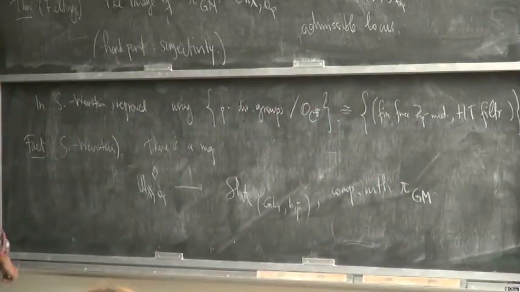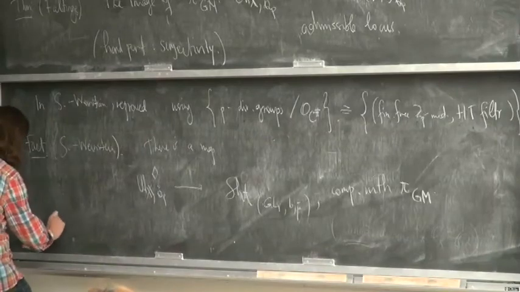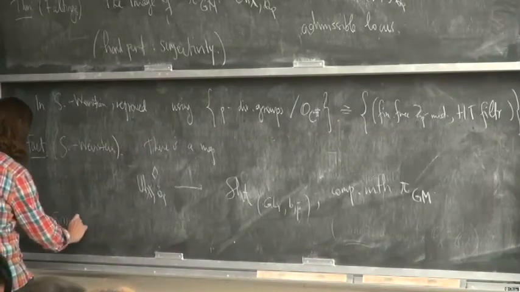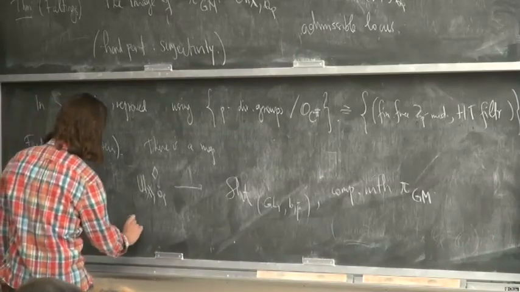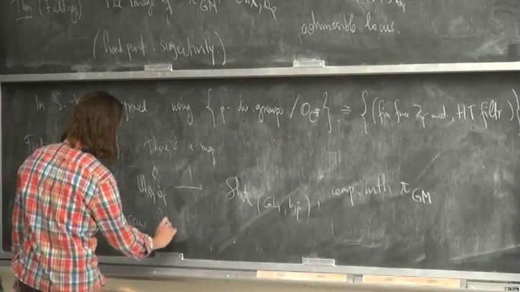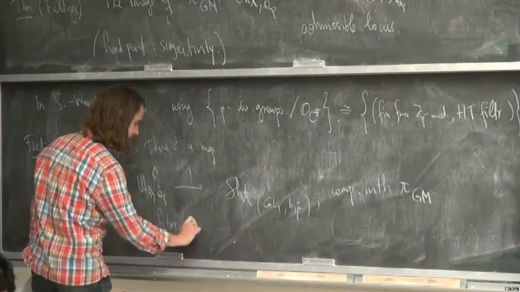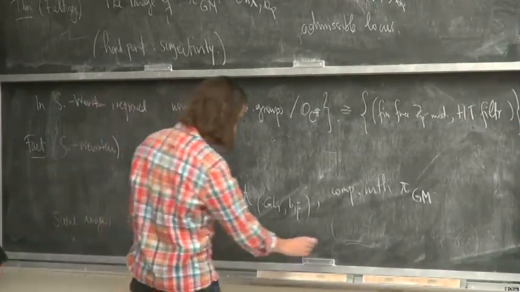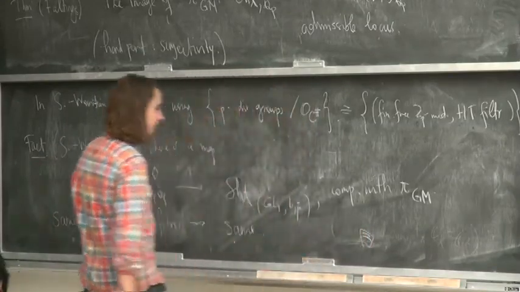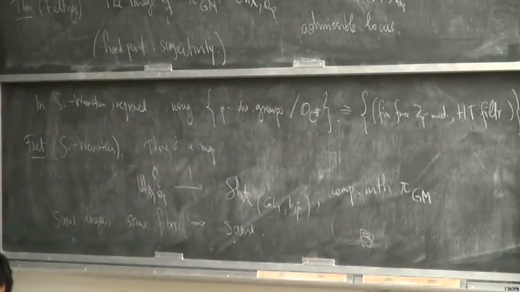And now you're essentially done because they have the same image and the same fibers. And like using a small argument, they're the same. And I guess I'm out of time, so I don't have time to explain this. So they both map exactly onto the admissible locus, and over the admissible locus, both of them parameterize, like the fibers are GL_n(Q_p) modulo Z_p.